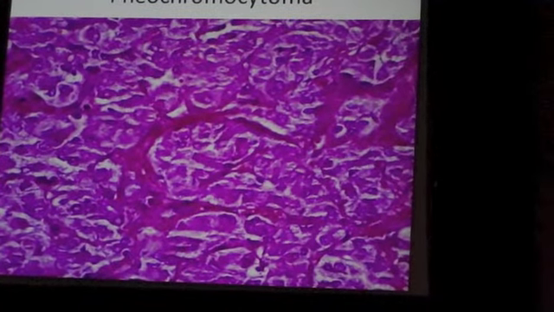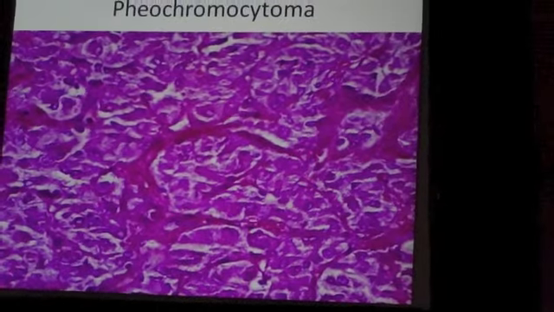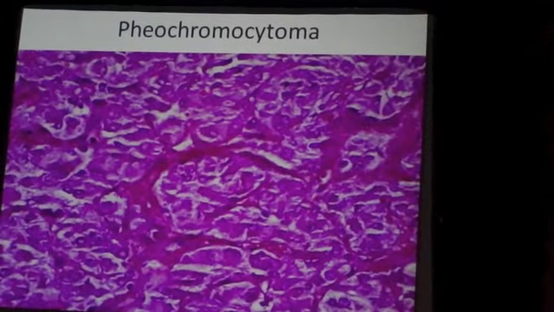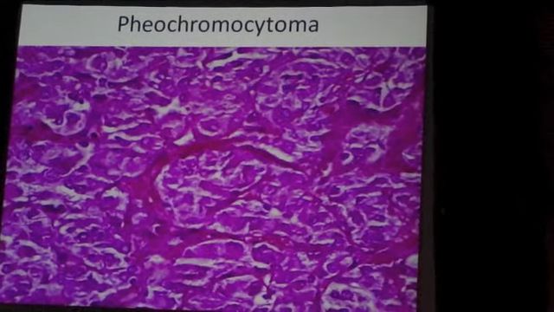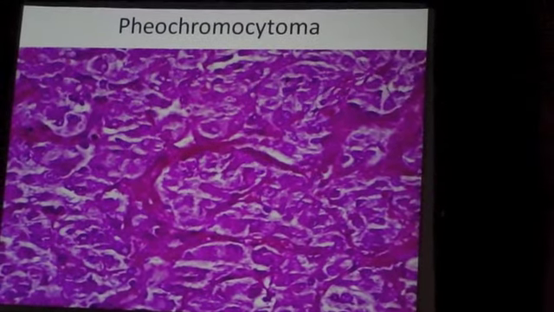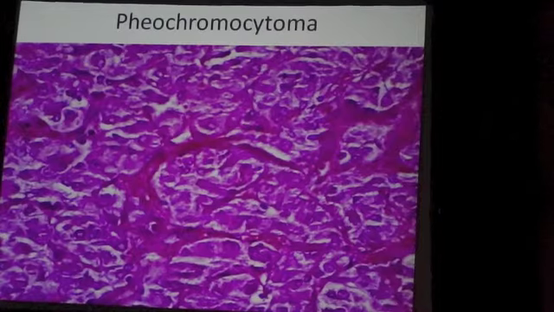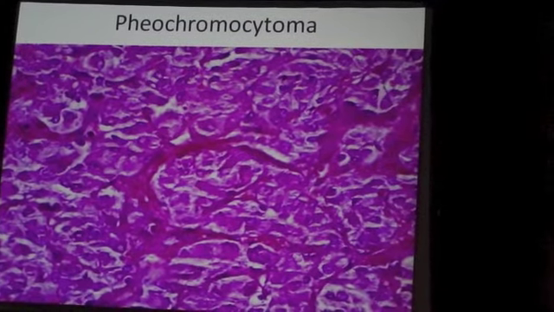One of the embarrassing things for pathologists and endocrine pathologists, even continuing in 2013, is that we have a great deal of difficulty sorting out benign pheochromocytomas from malignant pheochromocytomas.